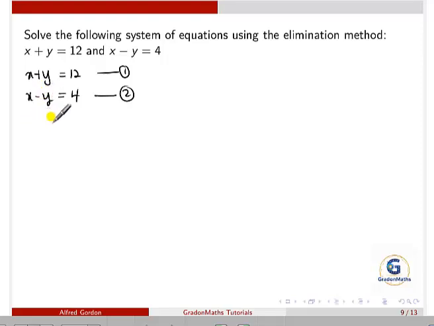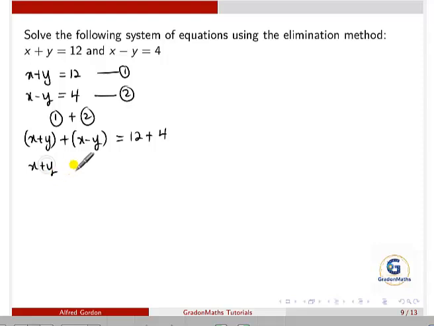So if they are opposite signs, then we can do equation 1 plus equation 2. Equation 1 we have x plus y, plus equation 2 we have x minus y, and equation 1 we have 12 plus equation 2 we have 4.